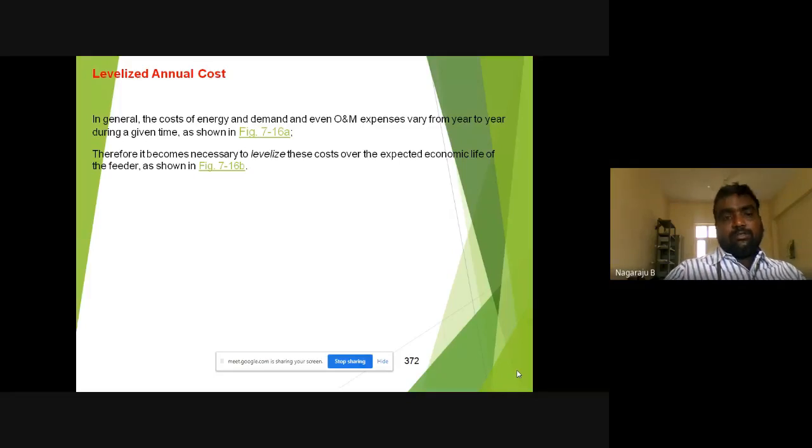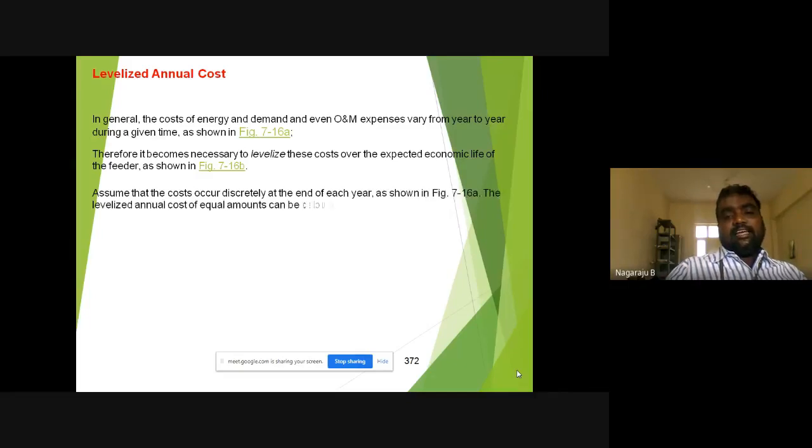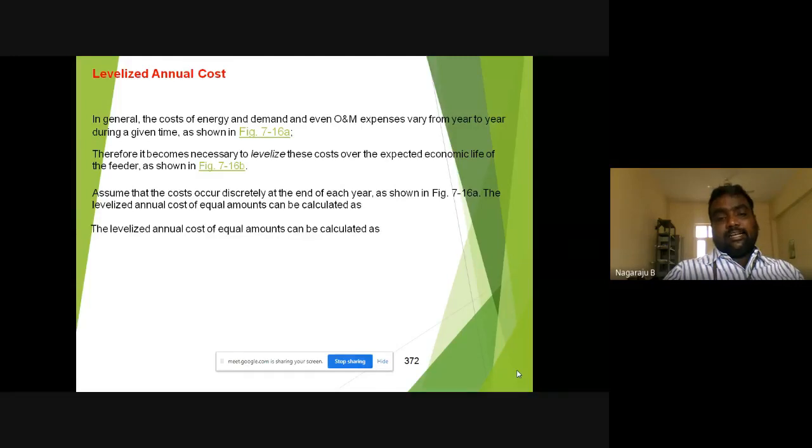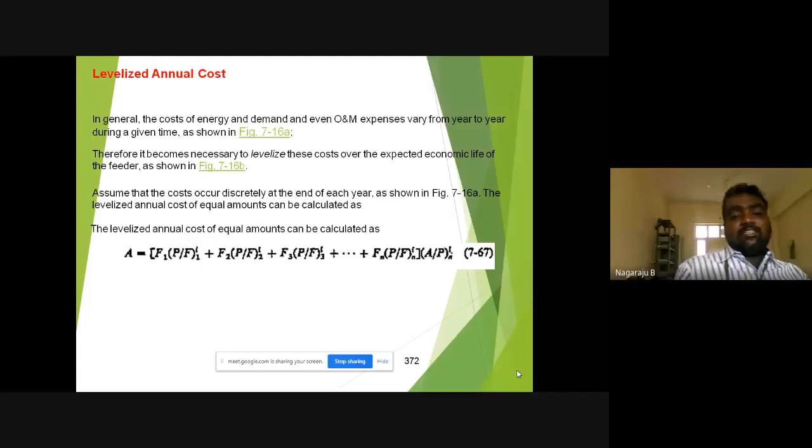So assume that the costs occur discretely at the end of each year. The levelized annual cost of equal amounts can be calculated as this. This is a formula only.